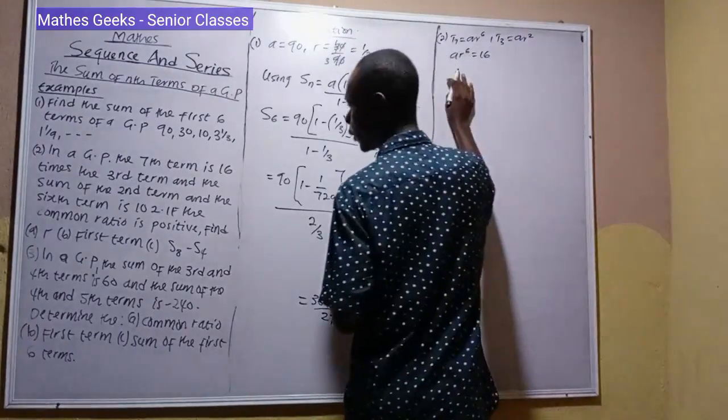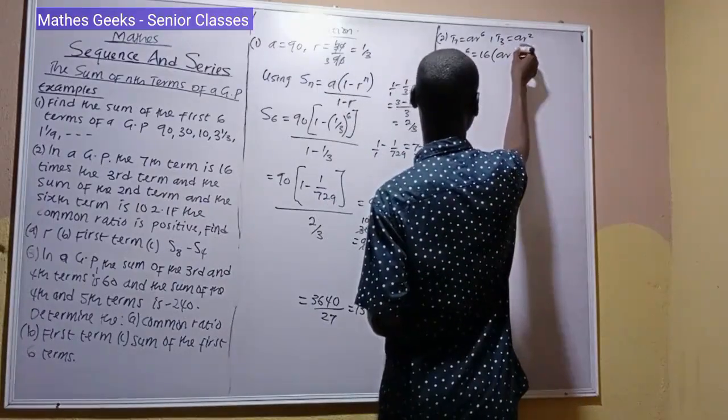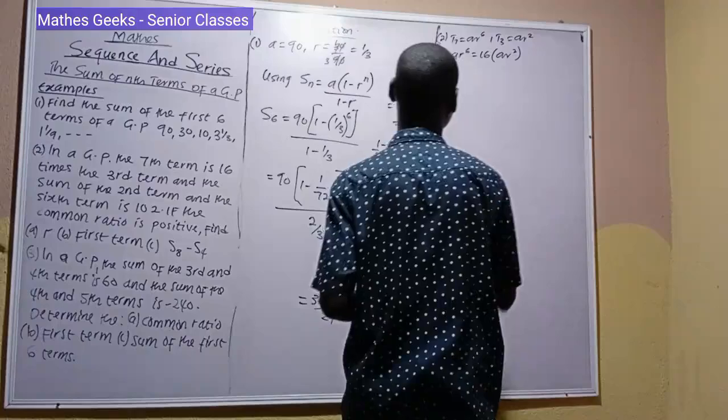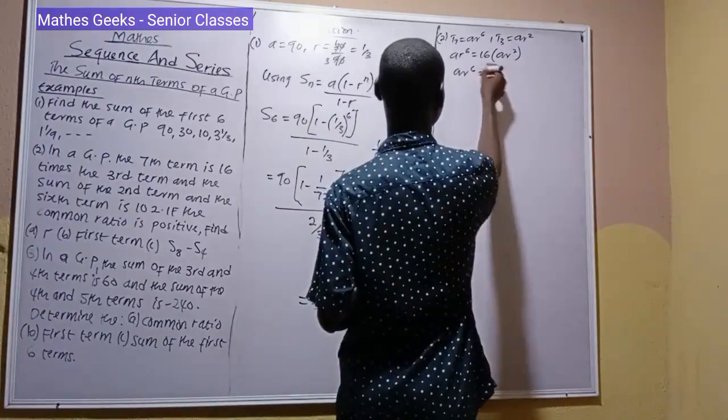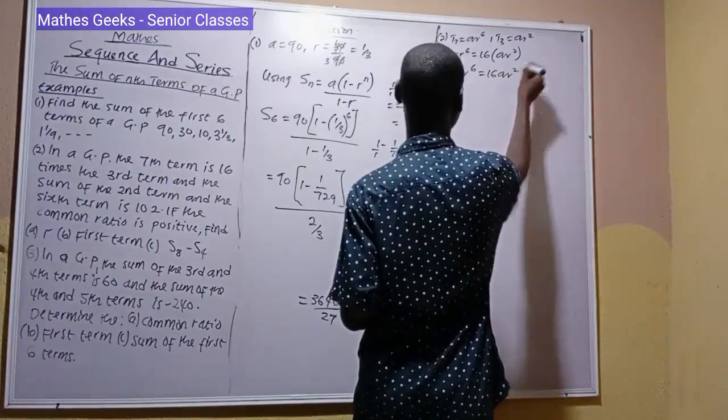So the 7th term is 16 times the 3rd term, 16 times ar^2. So ar^6 is equal to 16ar^2.